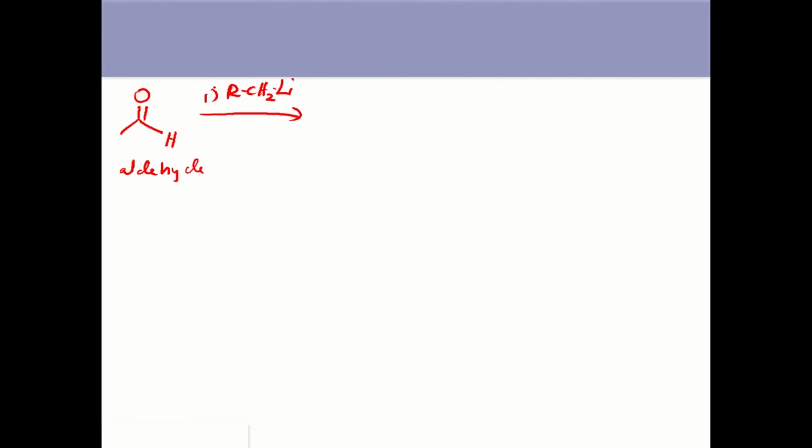So the first step is you add the organolithium compound. As a second step, we add an acid to follow the rest of the steps. So this is like a two-step process.